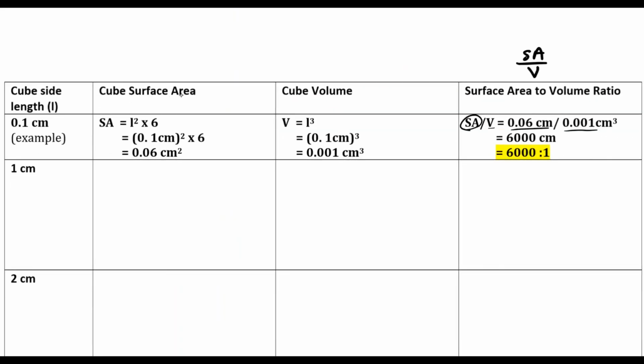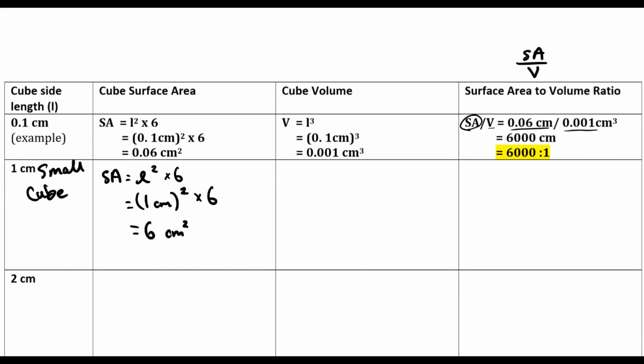The surface area of a 1 centimeter cube, that was the small cube. The surface area is going to be the length squared times 6. So we're going to take 1 centimeter, square it, and multiply it by 6. Well, on my calculator, 1 squared is 1, so 1 times 6 is just 6 square centimeters.